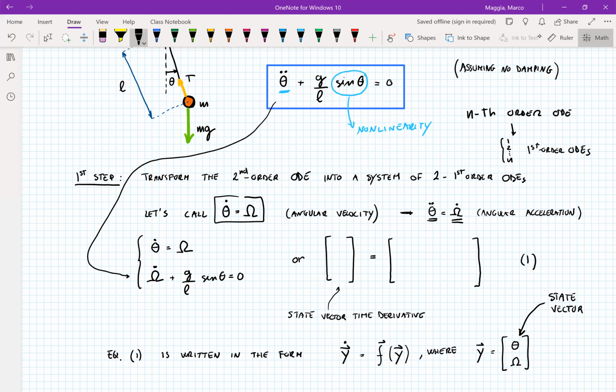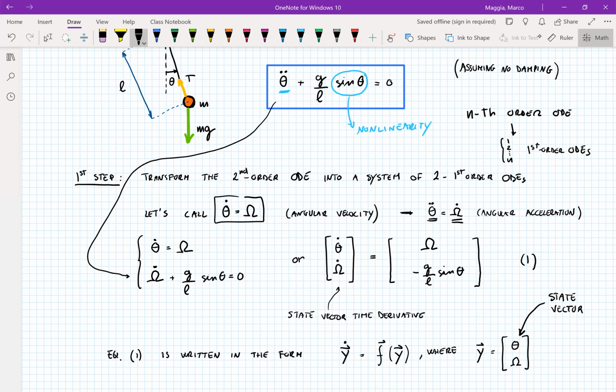Or if we leave the first derivatives on the left-hand side of the equation, we have theta dot and omega dot equal to omega and minus g over L sine of theta.